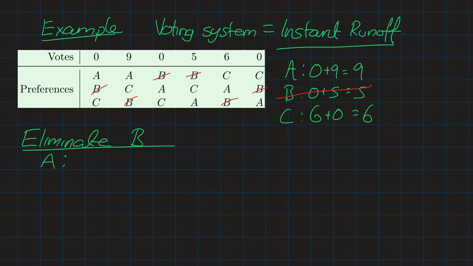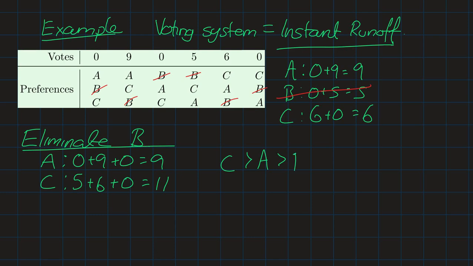How many top preference votes does A have? There's 0 plus 9 plus 0, which is 9, and C has 5 plus 6 plus 0, which is 11. So under the instant runoff voting system, the social ranking would be C beats A beats B.